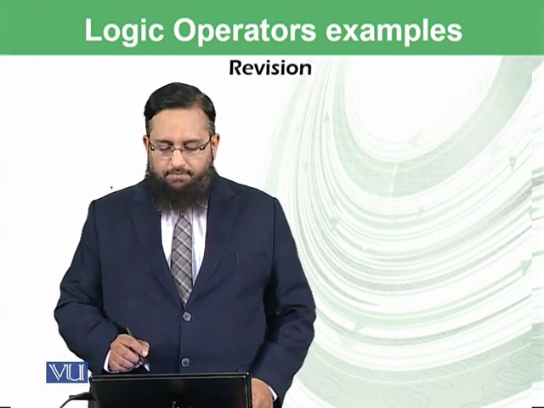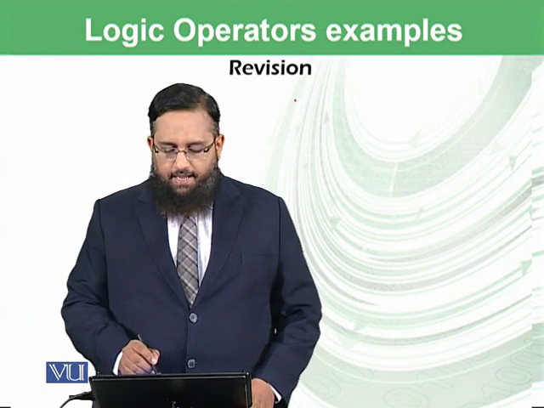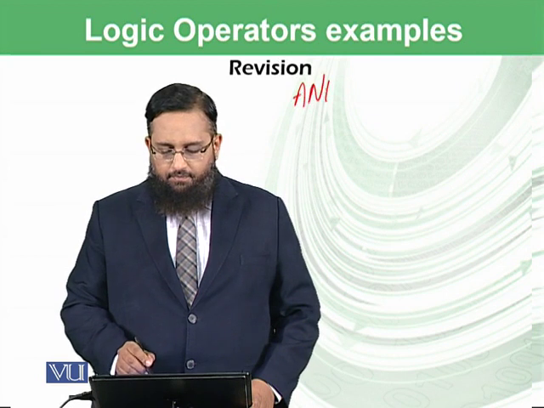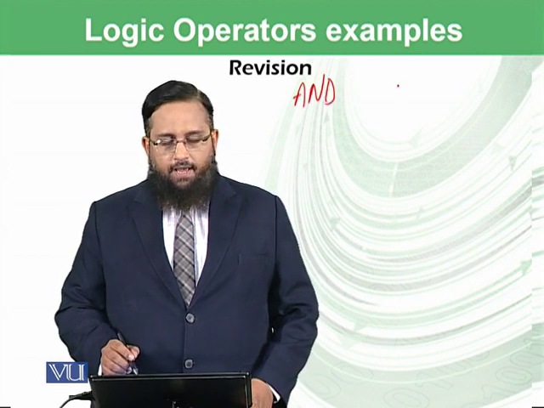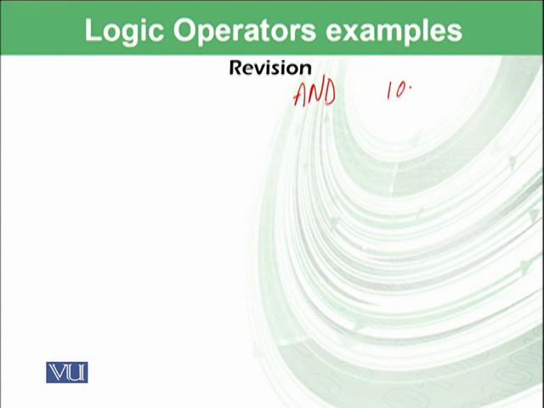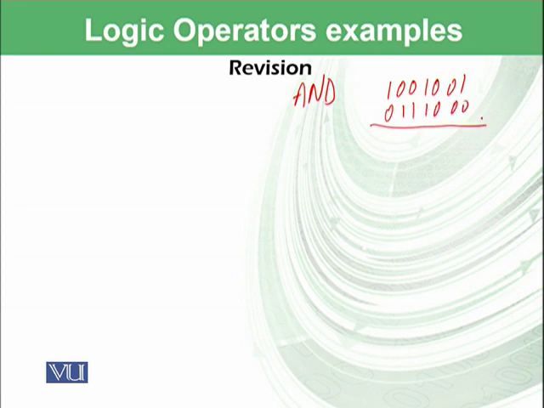For example, if there is an AND operator, you know that we have 2-bit patterns 1 0 0 1 0 0 1 and 0 1 1 1 0 0 0. You know the logical AND gate performs this way: whenever we have two bits that are 1, it will give you 1, otherwise it gives you 0.